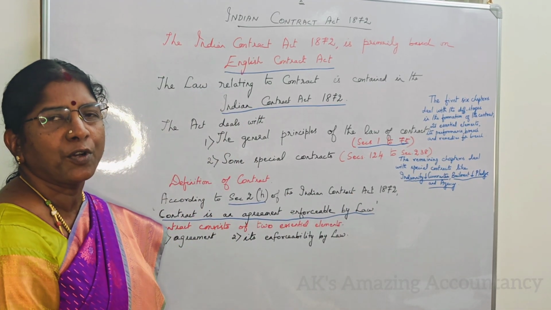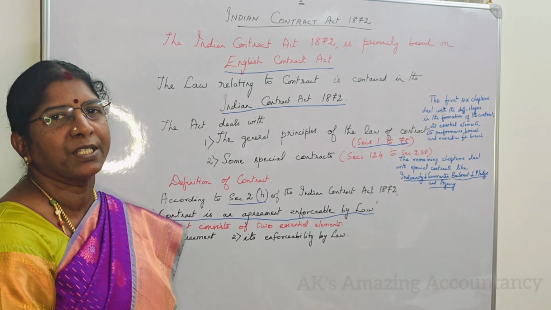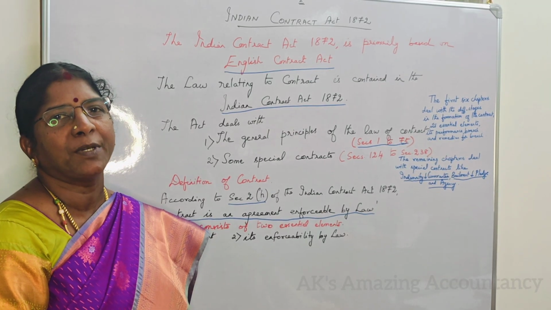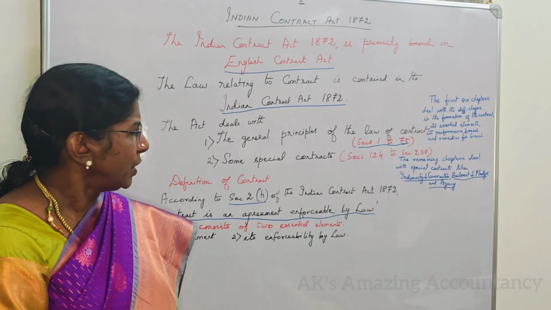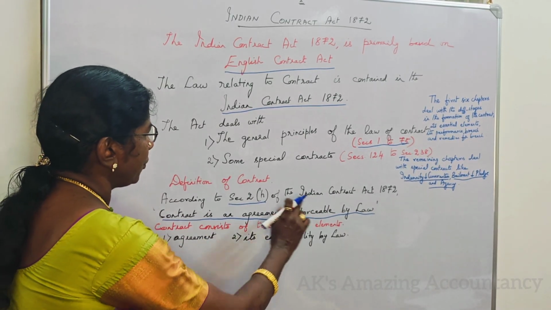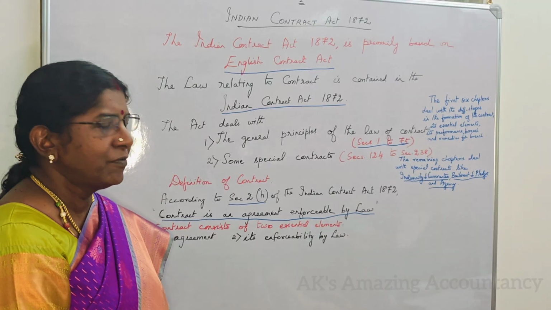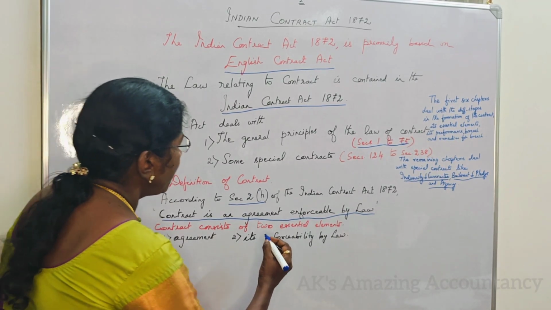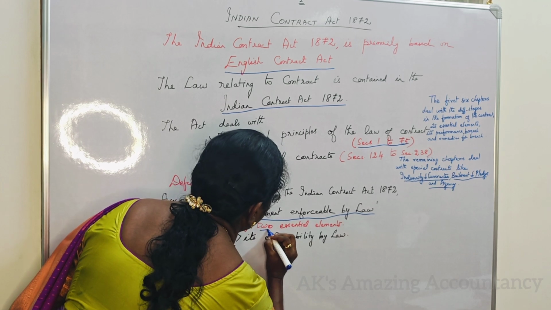It's a very simple definition. Contract is an agreement enforceable by law. If you analyze this definition, you can very clearly know that contract consists of 2 essential elements.